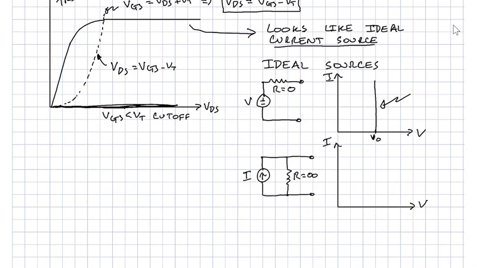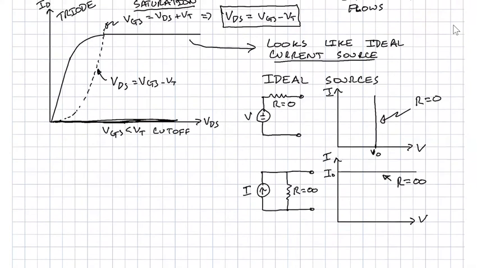So now if we want to set this current source equal to some value I naught, it's going to give us that current, and it will go to whatever voltage it has to across that current source to produce that current that we're desiring of it. So in this case, again, R is equal to 0 for an ideal voltage source, and this is an infinite resistance for an ideal current source.